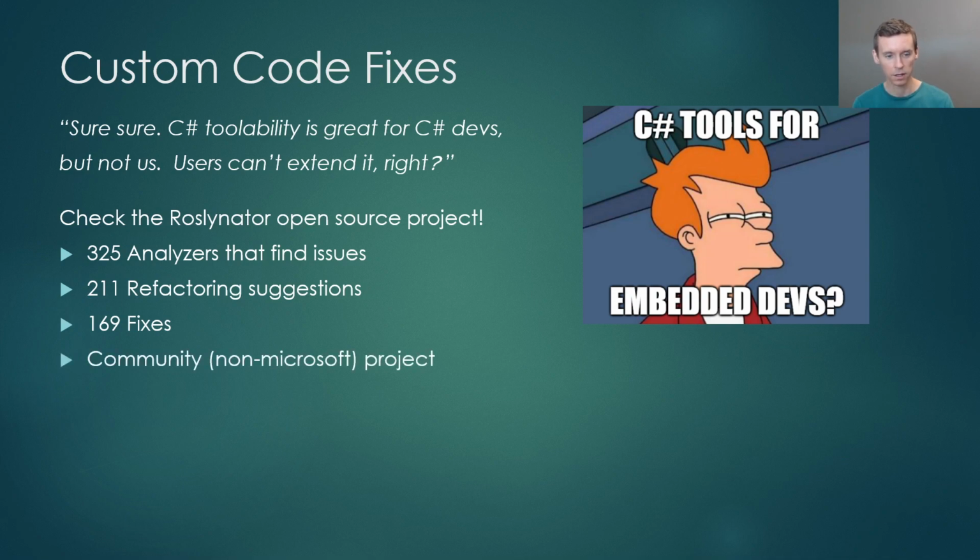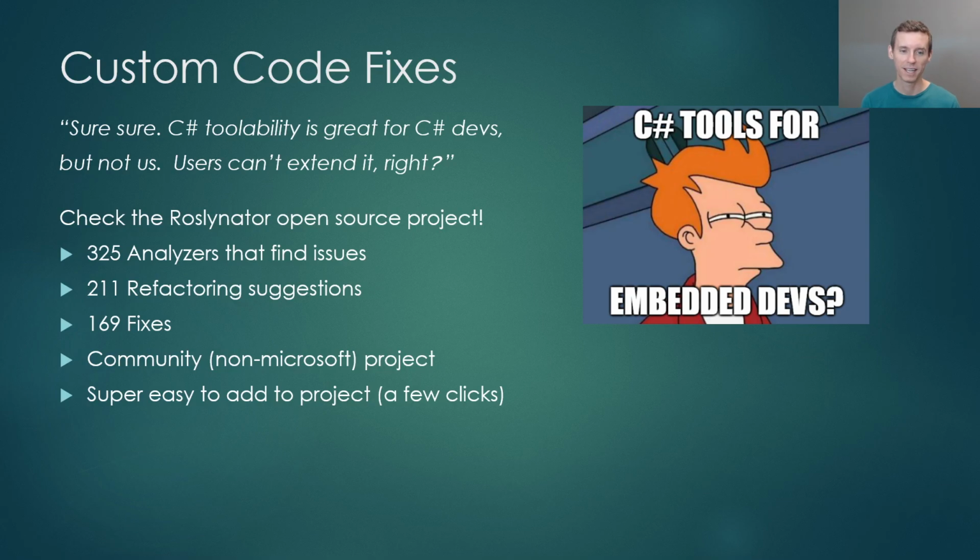It's a non-Microsoft project, and it's really easy to add to your project too. It's not like you install this globally to your computer. You can if you want to, but you can also just do a couple clicks or copy paste one line into your project file, and it just comes into your project.